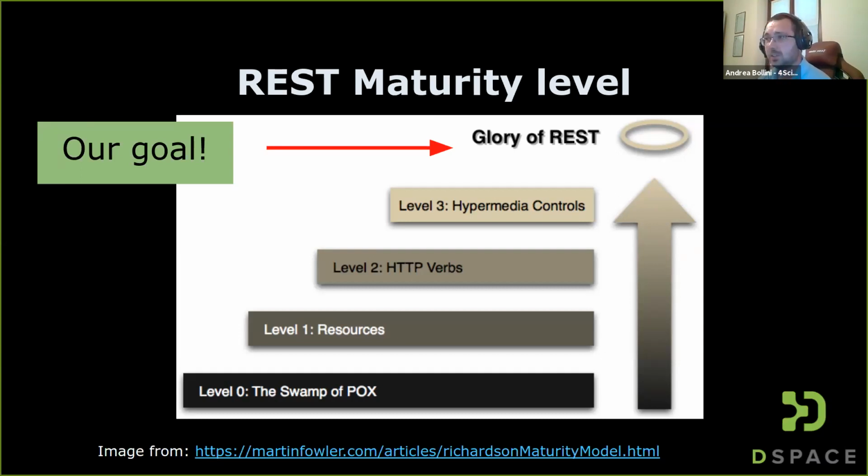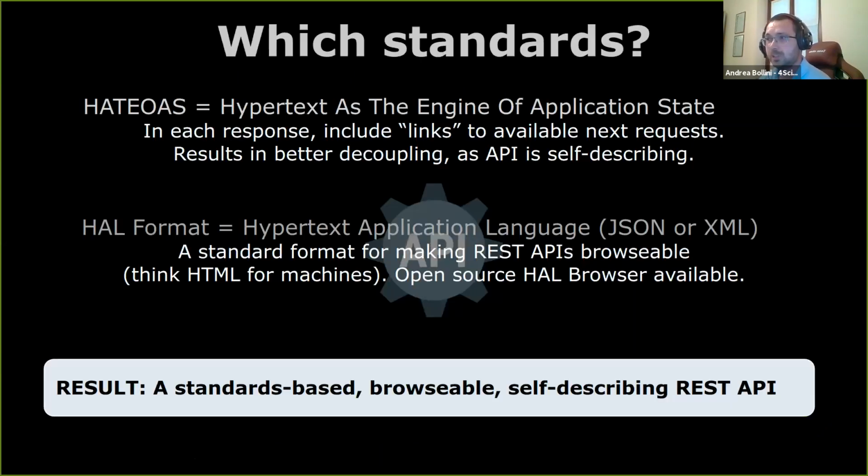So which standards will be more important in our REST API? Two over others. The first one is hypertext as the engine of application state. This means that our REST API gives hints to the client about what comes next. When you make a call to our REST API, you are able, by reading the response, to figure out what next operation you can do.